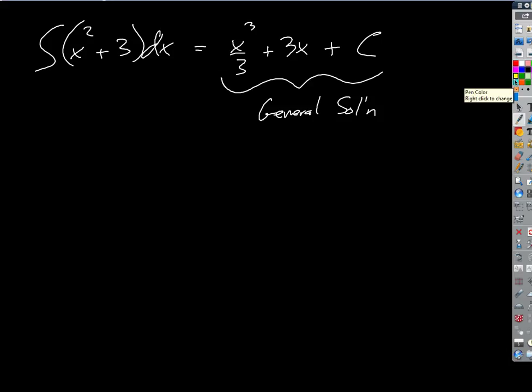What if I add another condition here, though? What if our solution has to go through the point (0, 5)?